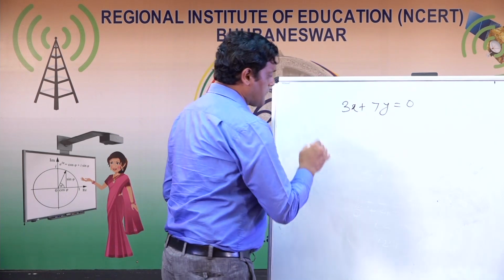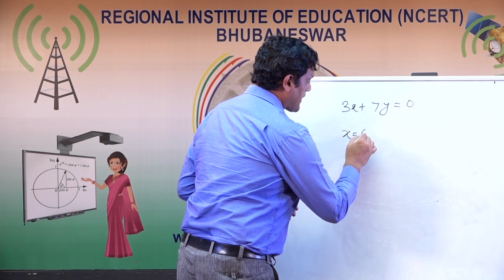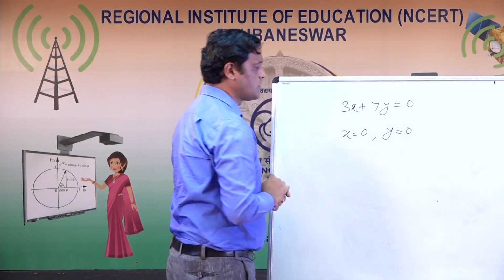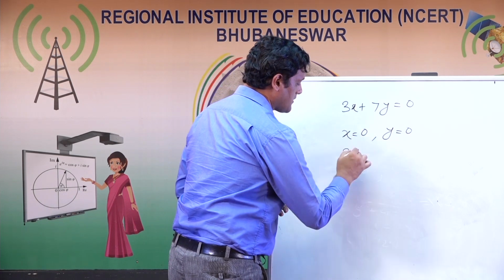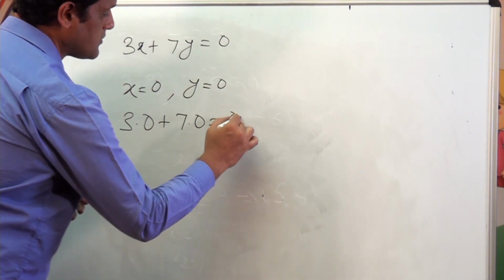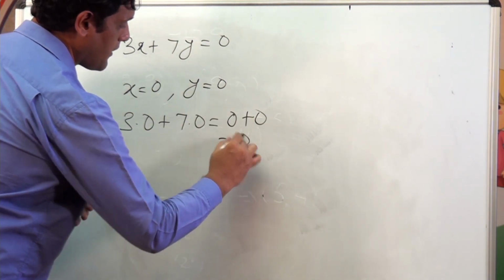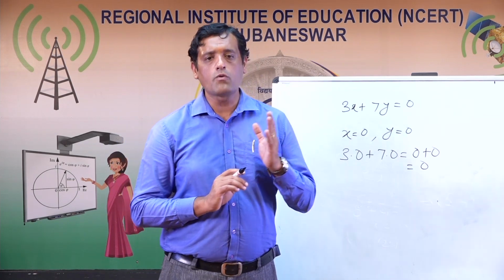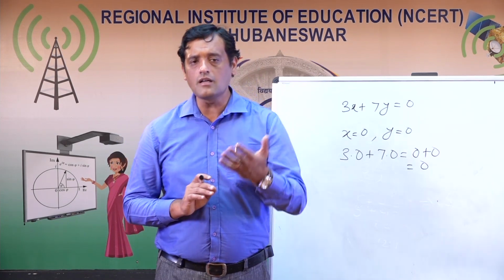So first, I am putting x equal to 0 and y equal to 0. Then what will we get? 3 into 0 plus 7 into 0 equal to what? 0 plus 0 equal to 0. So x equal to 0, y equal to 0 satisfies the equation.